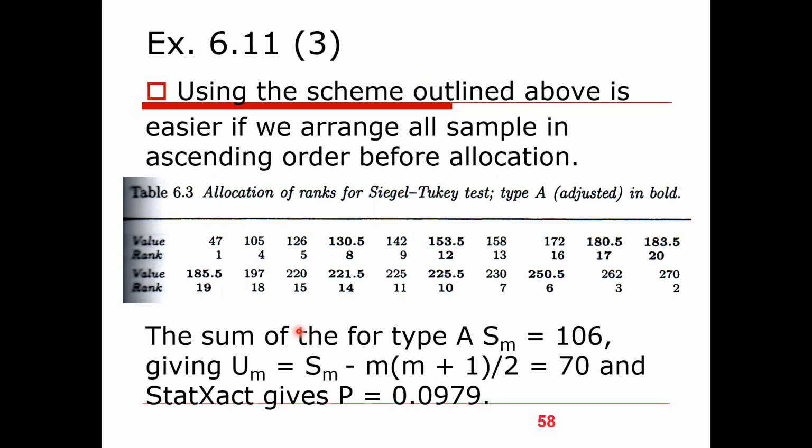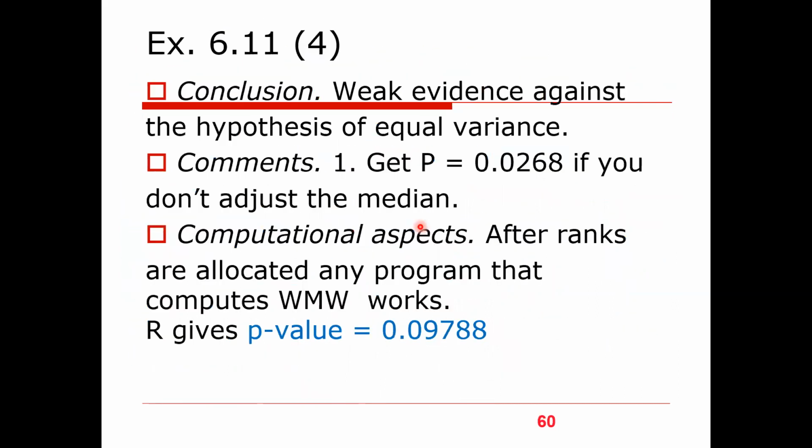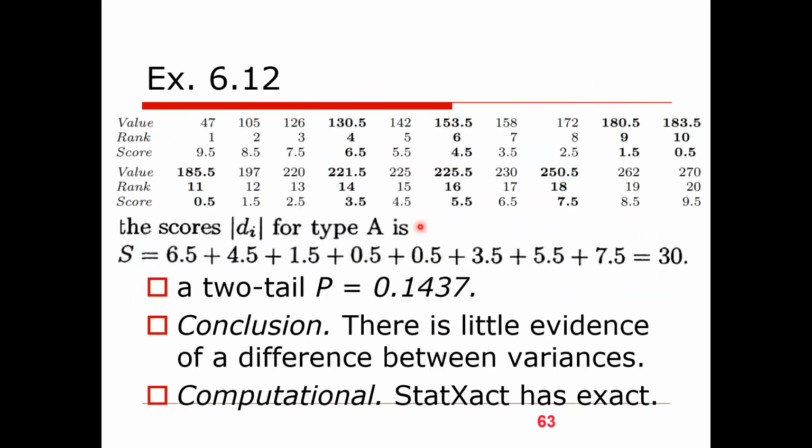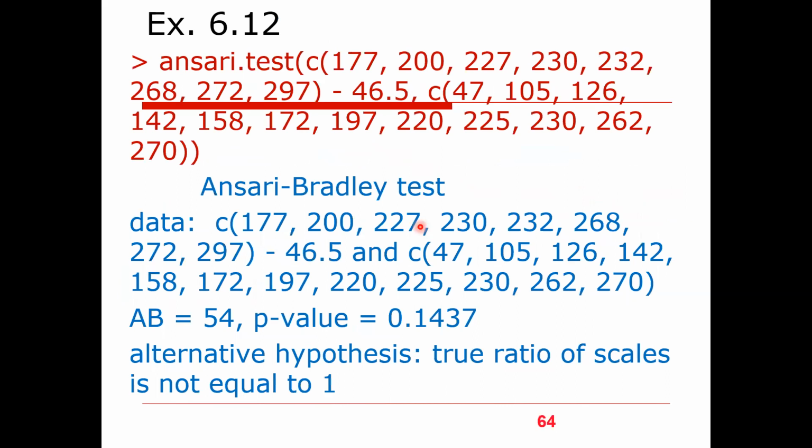Still, if we need some tendency to be conservative, to tend to reject the null more, then we may choose the Siegel-Tukey test. Otherwise, if we want a test that gives us a higher p-value to not reject the null as much as possible, then we can choose the Ansari-Bradley test.